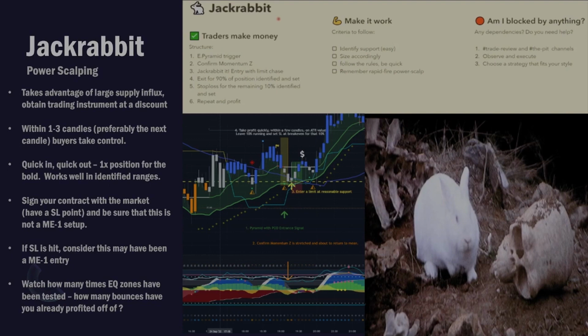Watch how many times the EQ zones have been tested. How many bounces have you already profited off of? If you're scalping on smaller time frames, you've got to set some kind of rule, some kind of system for yourself in your trading plan as to how many of these you're going to play before taking a break and stepping away from the desk, taking a little walk, having a coffee or whatever, and coming back in 15 minutes, half an hour, to reset yourself.